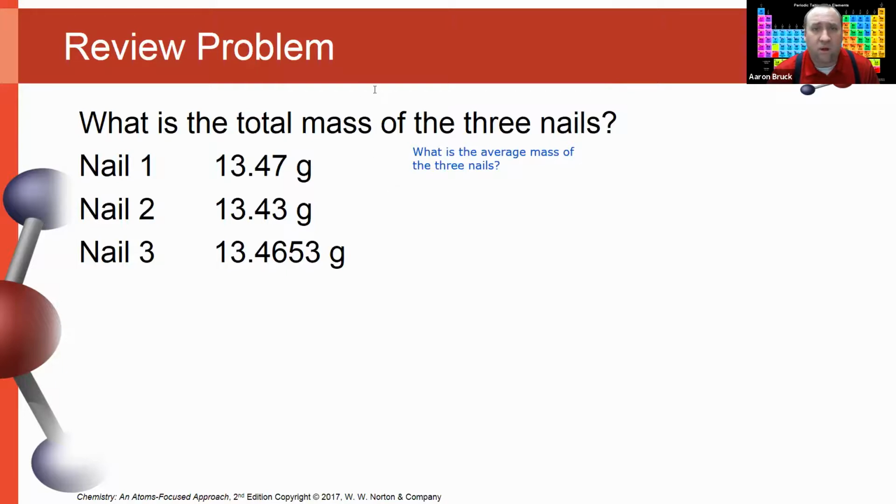All right, so in doing this problem, to find the total mass, I'm going to need to take those 3 masses and add them together. If I do that, 13.47 plus 13.43 plus 13.4653, I end up with a total mass, according to my calculator, of 40.3653 grams.